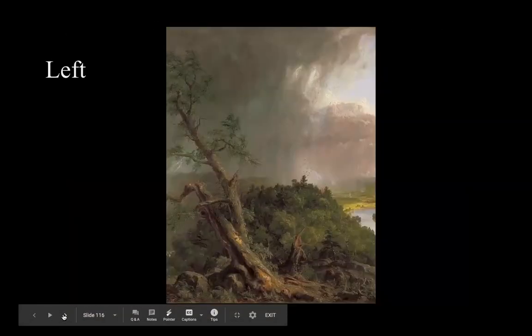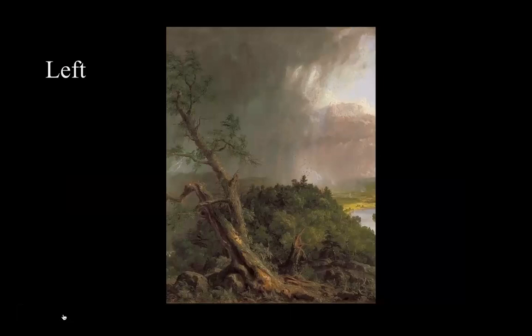So what he did is on the left, he showed how powerful nature is, how rugged nature is, how forceful it is, how unpredictable. So there's a storm on the left side, and you can see how man can't really control the storm, can't really control nature.